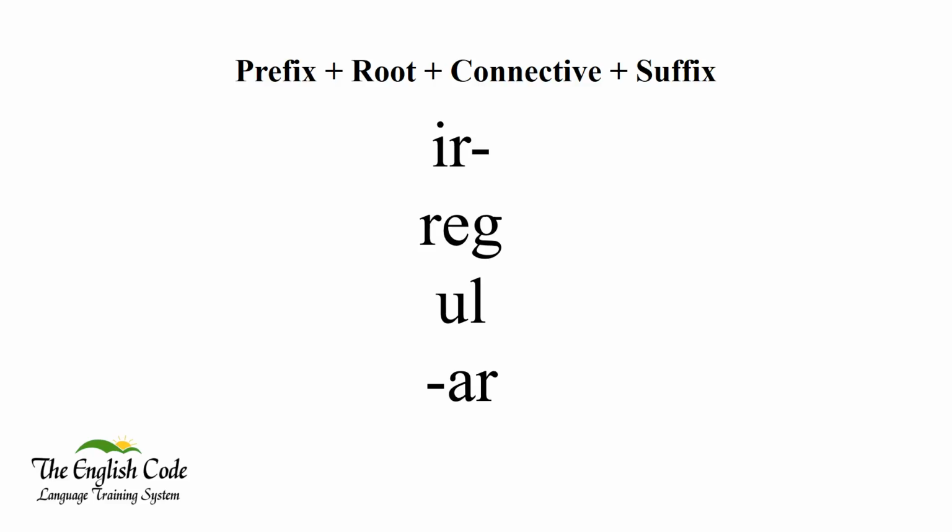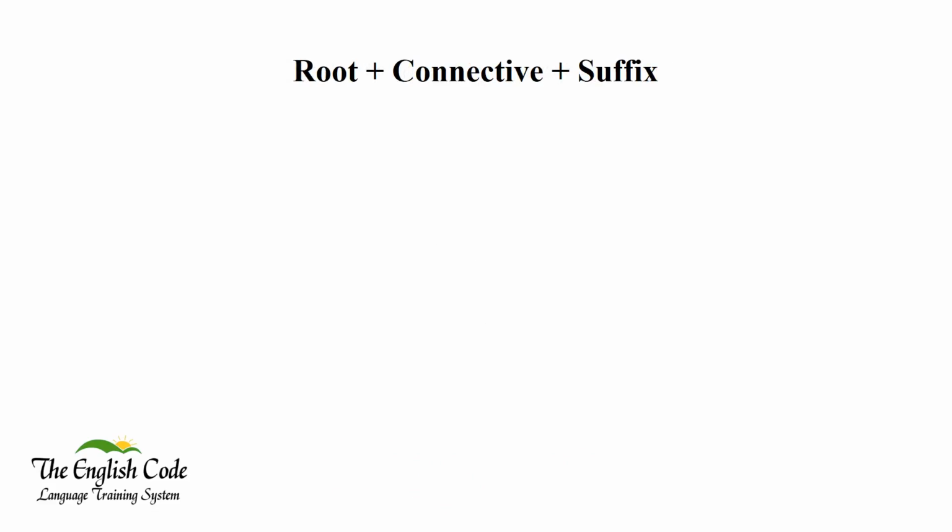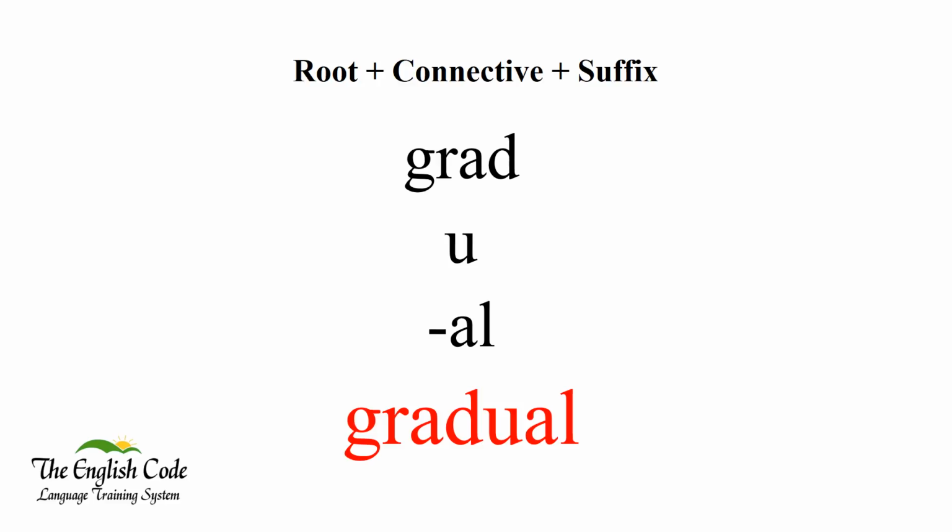We combine them, we get irregular, which means that which is not straight. An example of root, connective, plus a suffix, we have the Latinate root grad, which means to step, our connective u, and ul, which means characterized by. We combine them and we get gradual, which means characterized by a step.